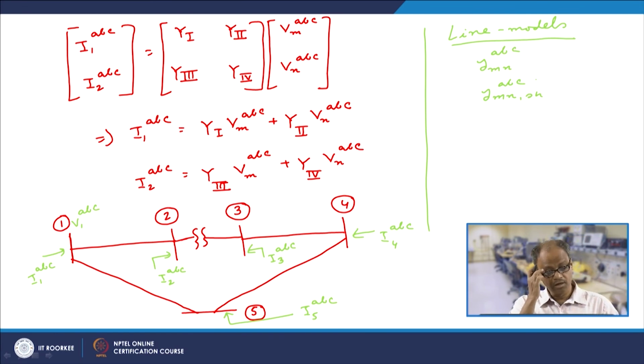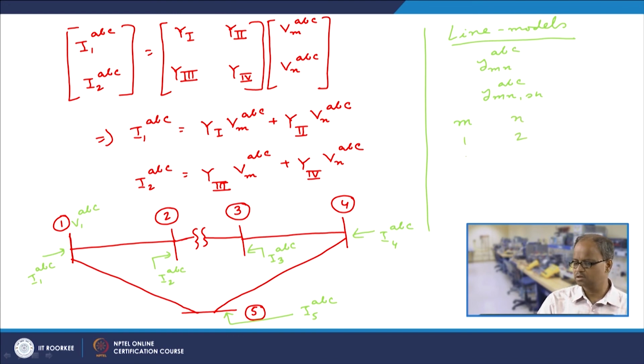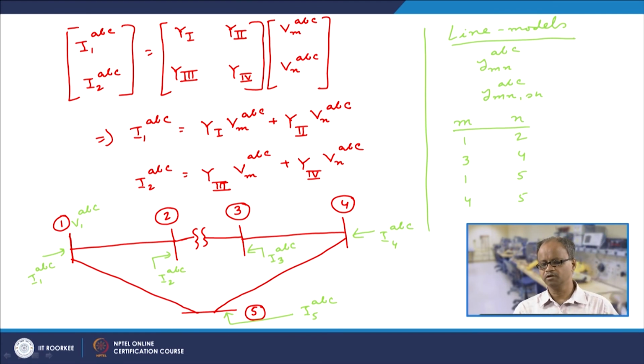M and N values would be, for the first line 1 2, the second line 3 4, the third line 1 5, and the fourth line 4 5. So these are the 4 lines, and these are the different values of Y MN ABC.